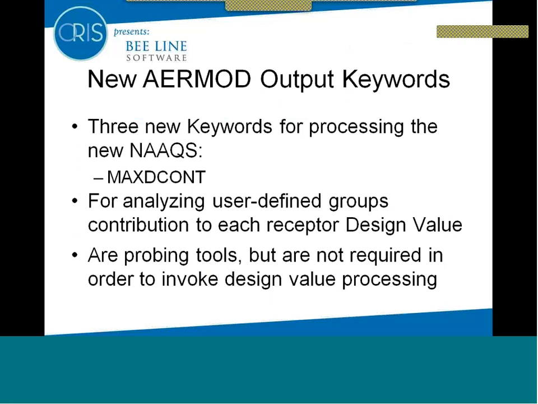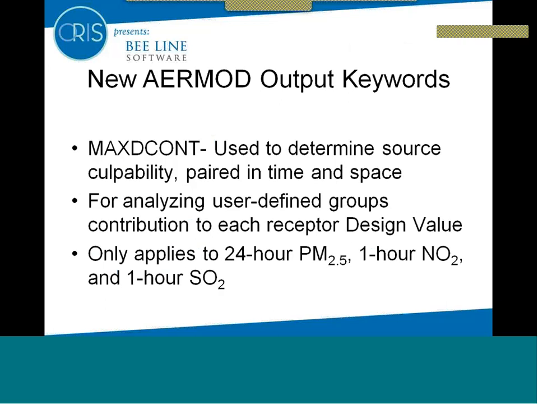They're optional. Now, the first of these, MAXDCONT, is a way to help you determine source culpability, looking at concentrations in time and in space. And you can use this to determine if some of the groups you have listed, whether it's a cluster, a group that you create, or each source that you have, is contributing to the design value at each source, or excuse me, at each receptor.